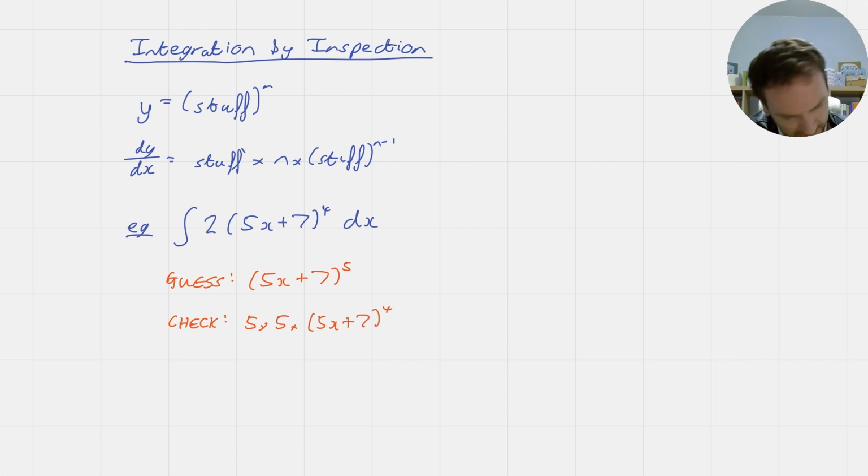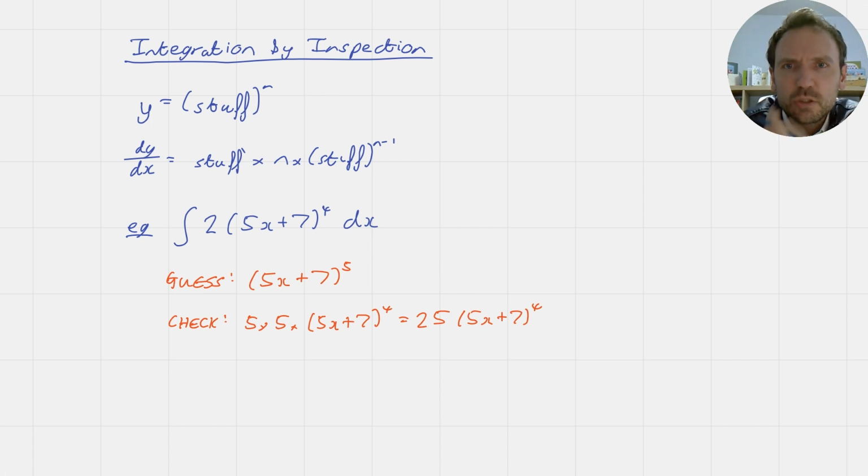And, well, this is just the same as 25 brackets 5x plus 7 to the 4. No, sorry, I missed a bracket there. So let's look at what we were hoping for. We've got a 5x plus 7 to the 4 we were hoping for, but we've ended up with a 25, we were hoping just to have 2.